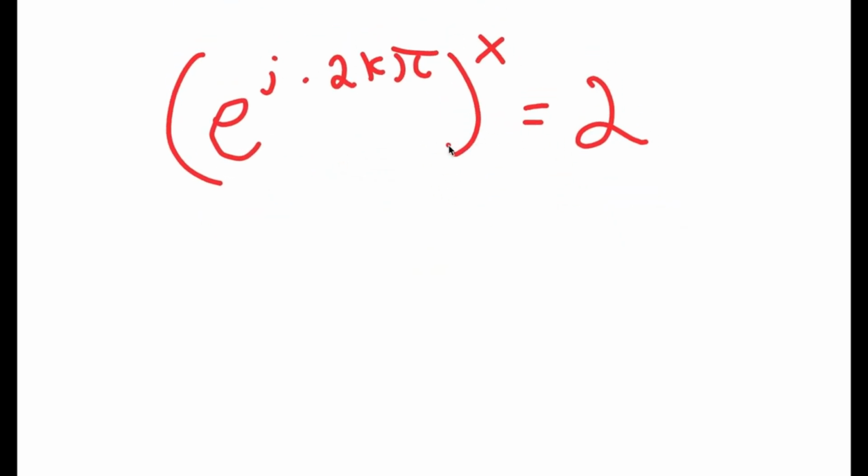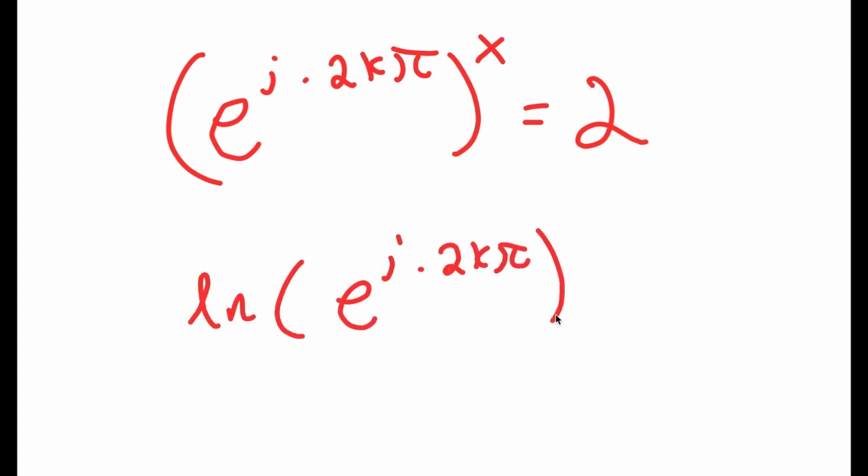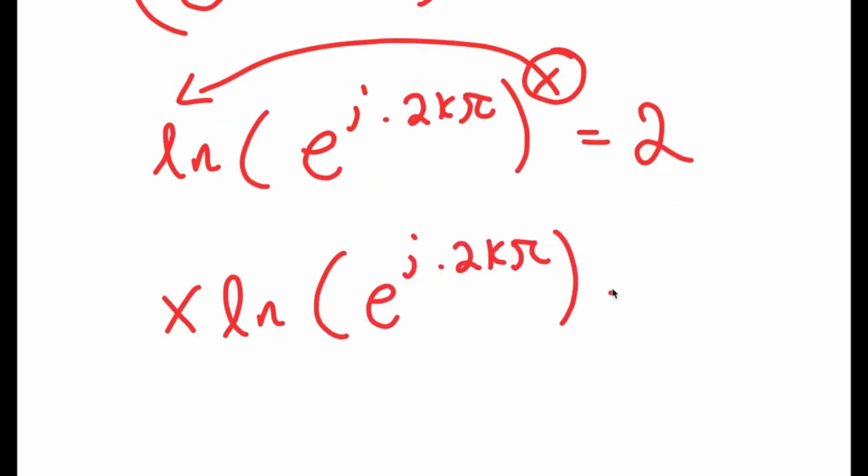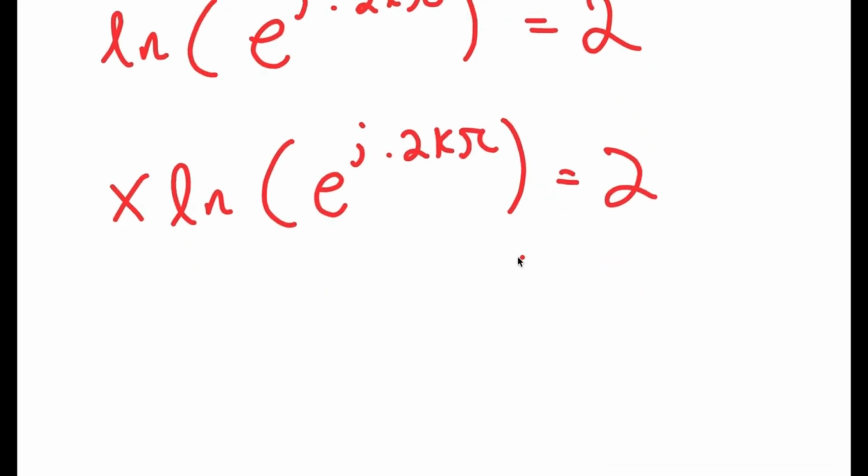And now, with this, I'm going to take the ln, or natural log, on both sides. So I have ln of e to the power of i times 2k pi, to the power of x, is equal to ln of 2. So I'm going to now bring this x down using the property of natural logarithms. So I get x times ln e to the power of i times 2k pi.